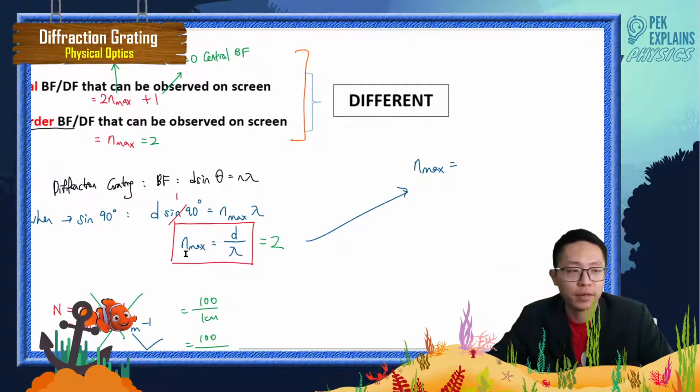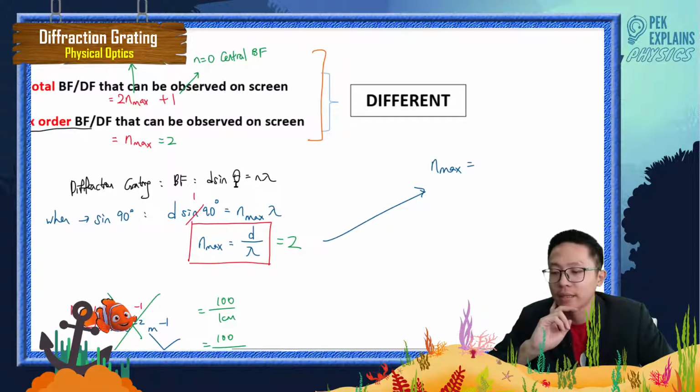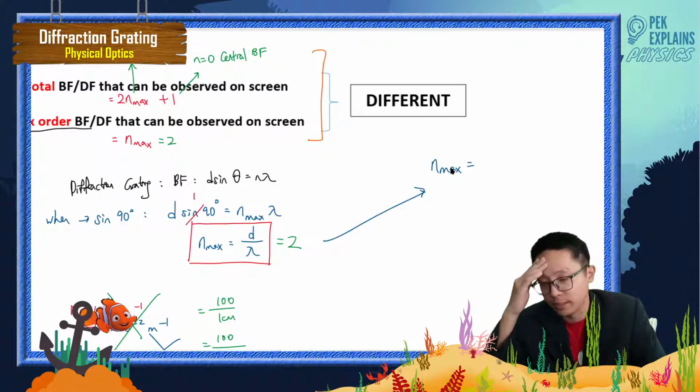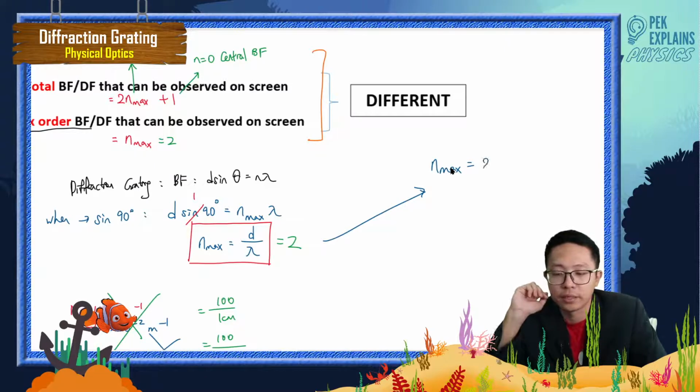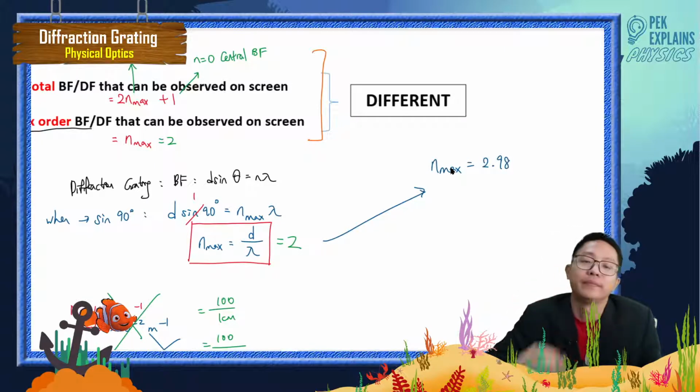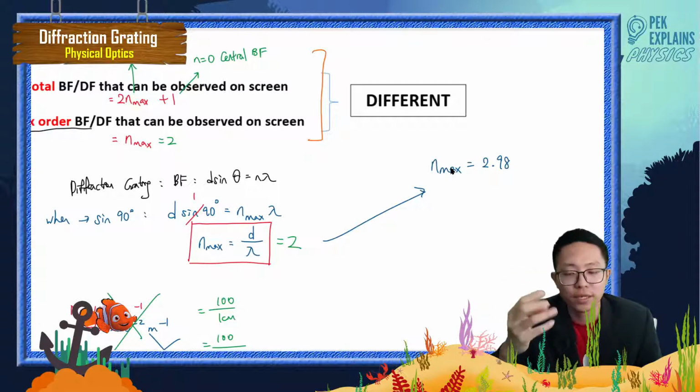So how do you find it? You substitute sine theta with sine 90, and you can calculate the n max. Let's say you calculated n max equal to 2.98. It's not a nice figure.